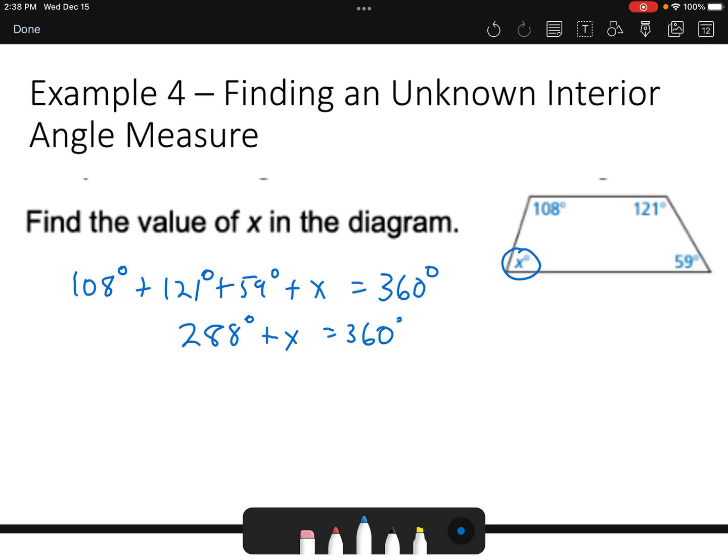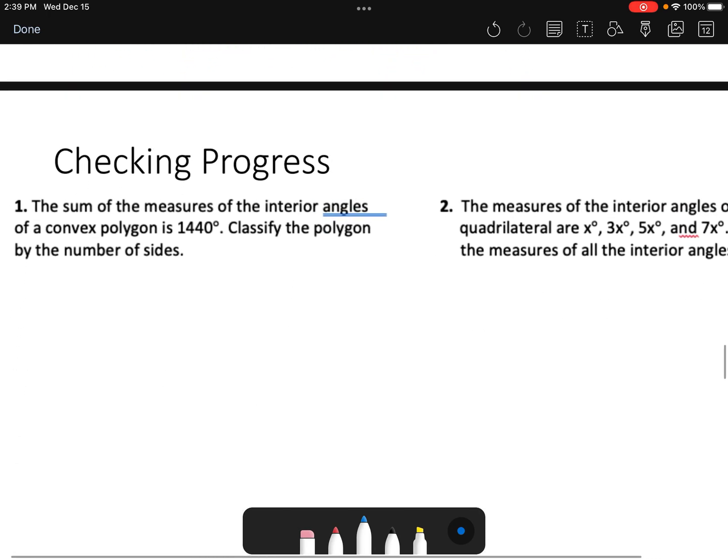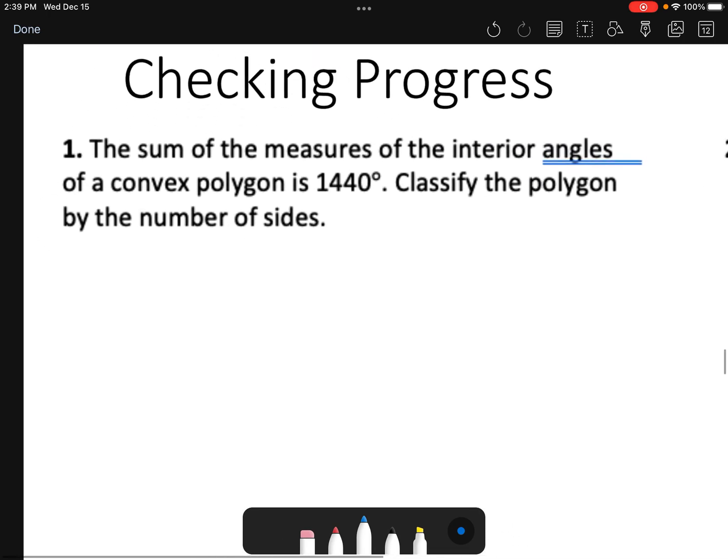I think that's 288, 180, yep. So now I'm going to subtract 288 to get x. And there's x, 72 degrees would be my x here. Okay? So that 360 really allows us to find those angles.